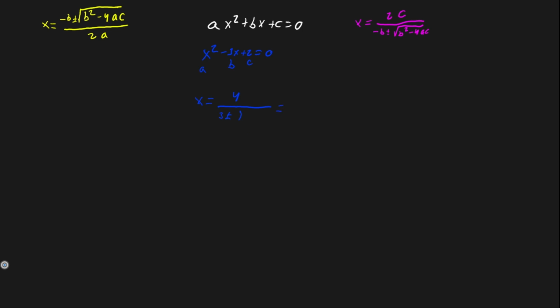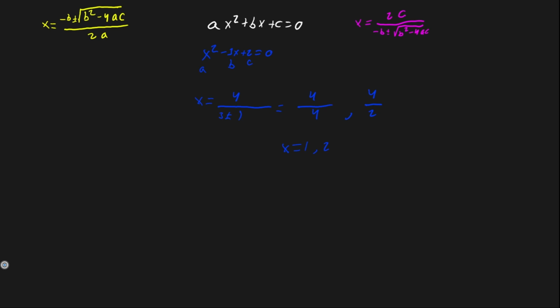And we get 4 divided by 4 because we're doing 3 plus 1. And we also get 4 divided by 2, where we get x is equal to 1, 2.